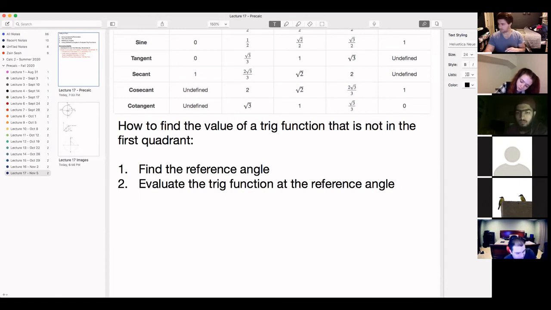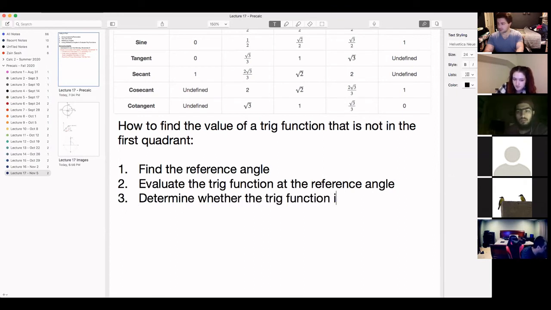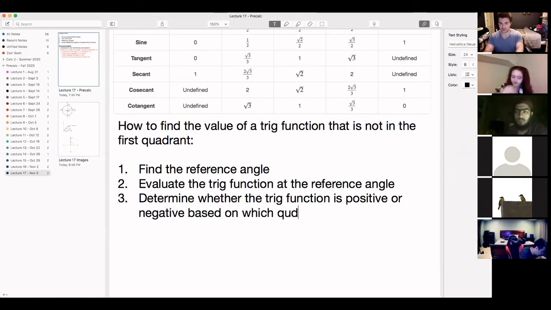Step 3: determine whether the trig function is positive or negative based on which quadrant we're in.